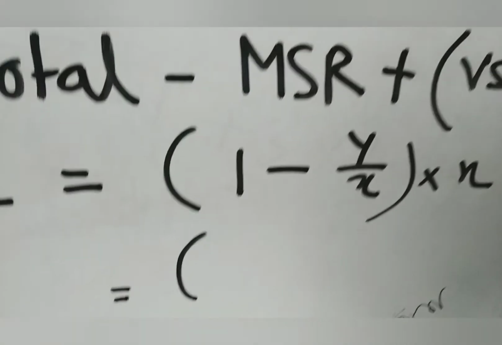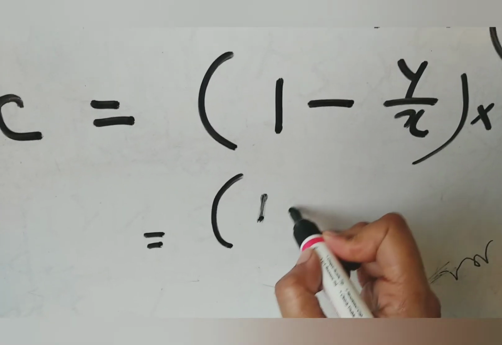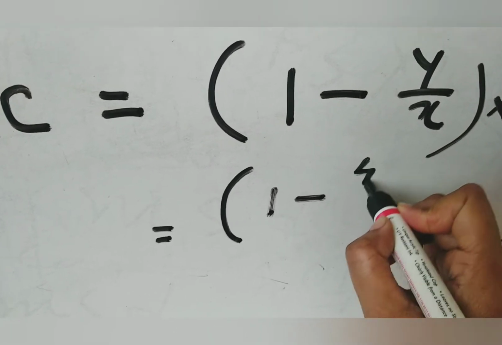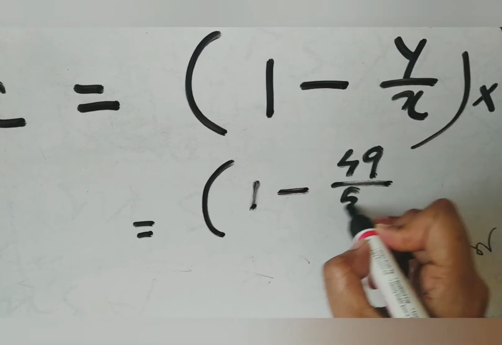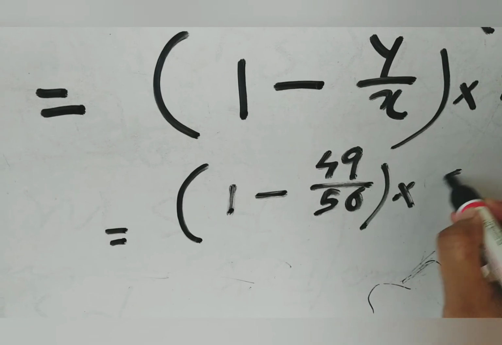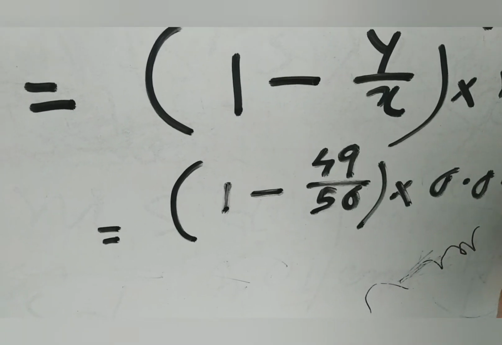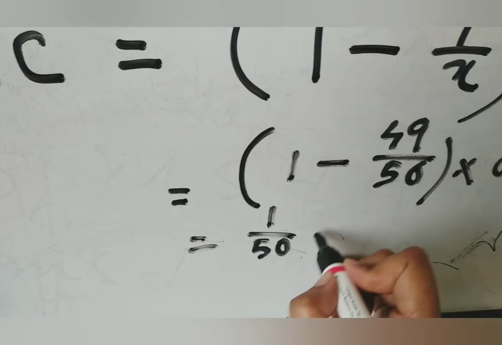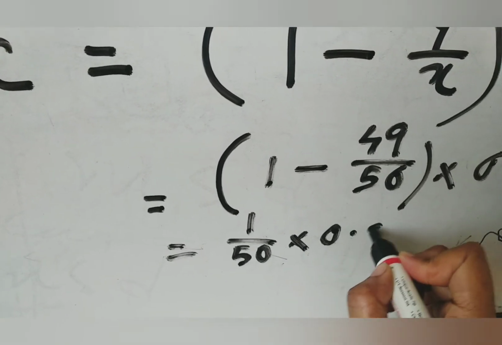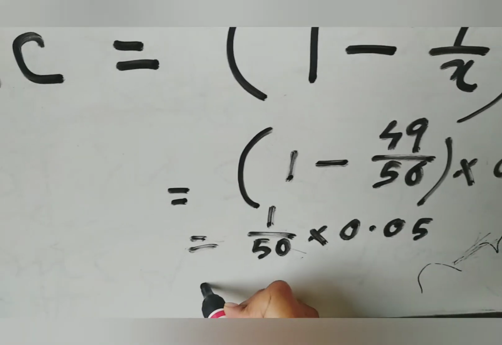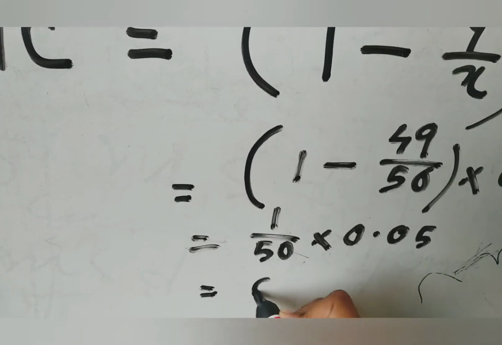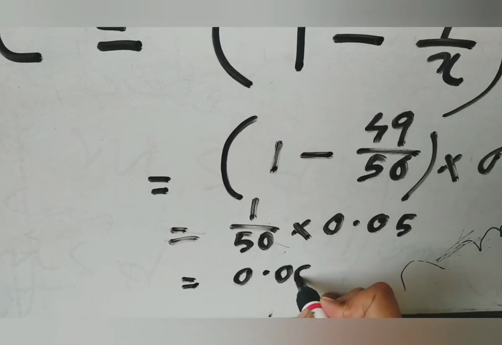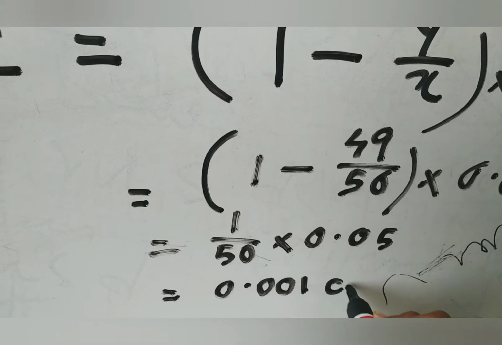Now we can easily calculate the Vernier constant: 1 minus 49 by 50, into 0.05. That means 1 by 50 into 0.05. So our Vernier constant will be 0.001 centimeter.